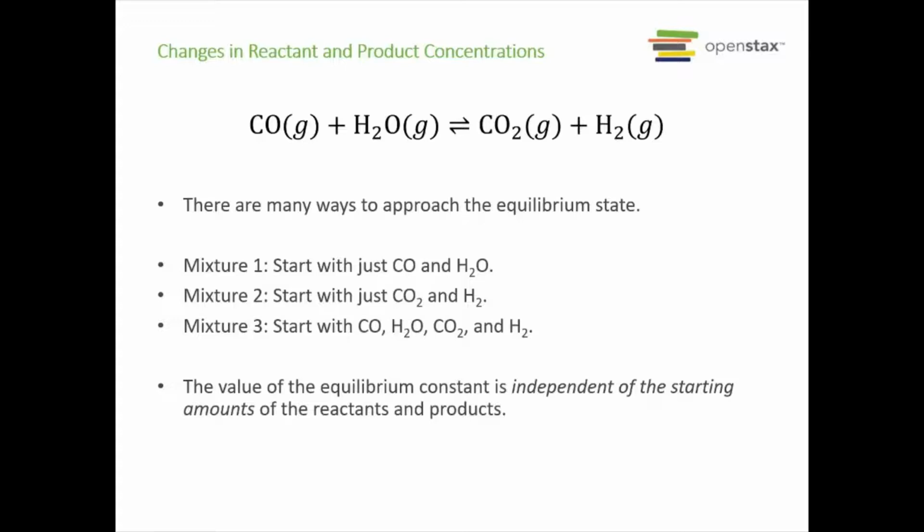The value of the equilibrium constant is independent of the starting amounts of the reactants and products. We do not care what the concentrations of the reactants and products are as far as the equilibrium constant. So it doesn't matter. It's going to reach equilibrium no matter what, and it's going to have that same constant.